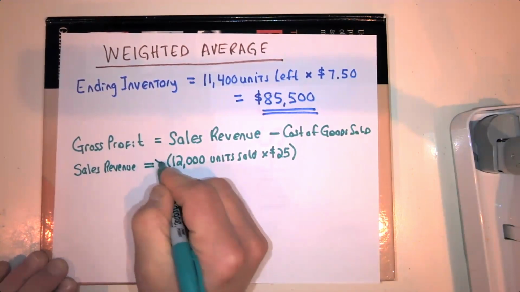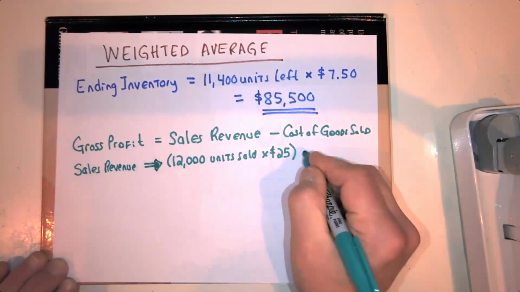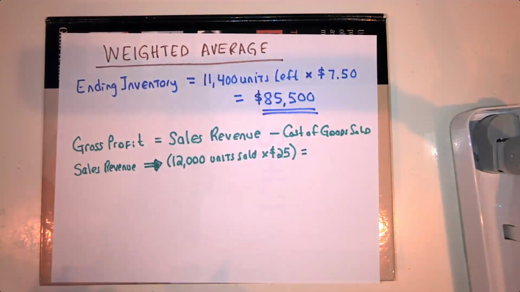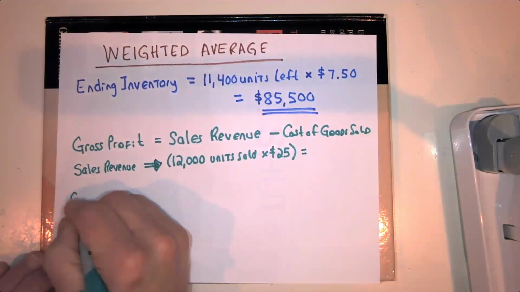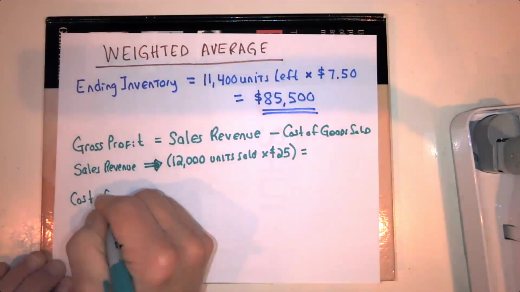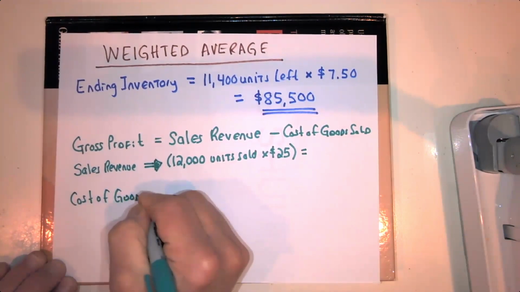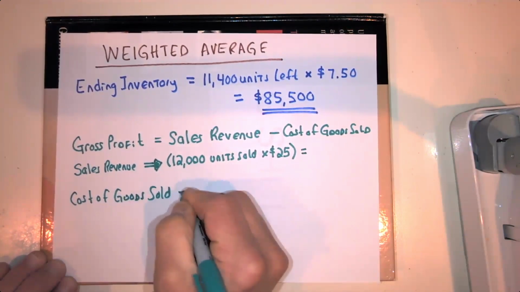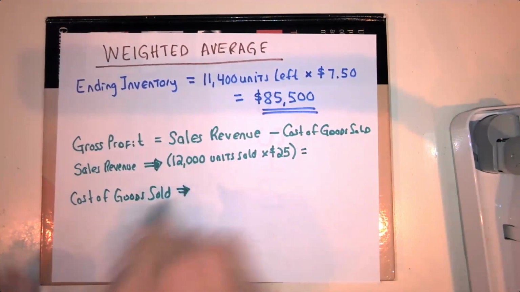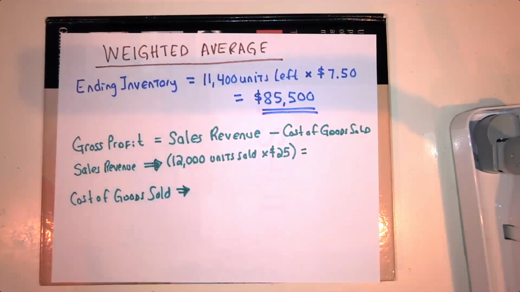That's all right. Go ahead and mute your microphone. Can somebody help him out, please? How do you calculate, using weighted average, the cost of goods sold in our problem? Any takers?